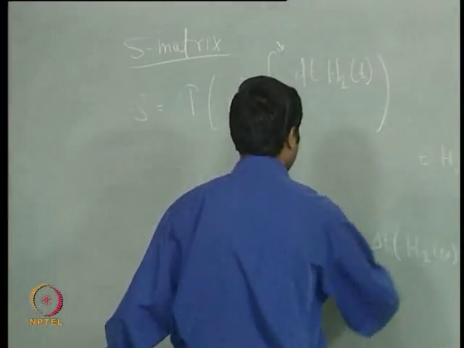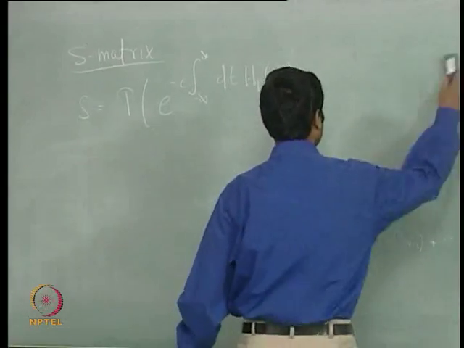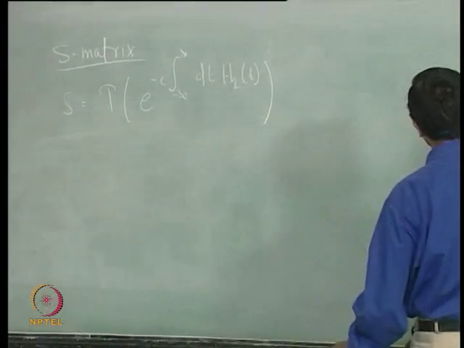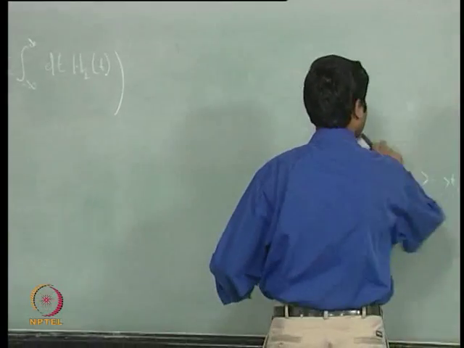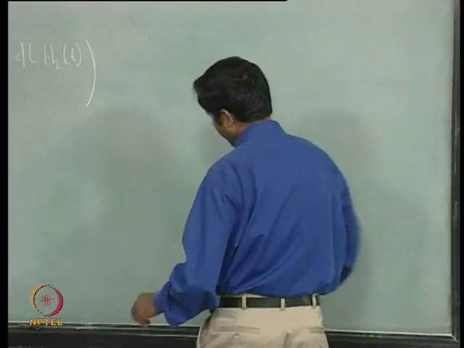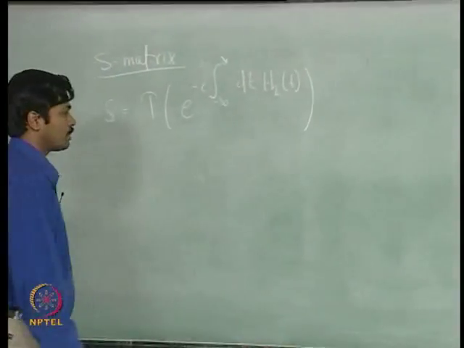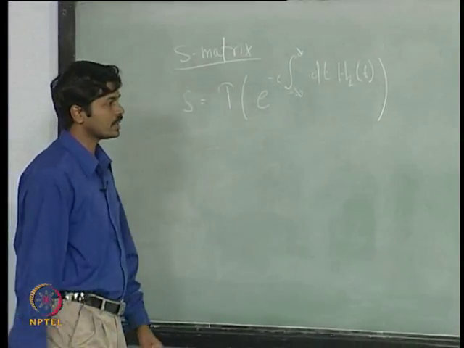what I will get for this S matrix is the following. I will also take T_i and T_f to be respectively minus infinity and plus infinity.